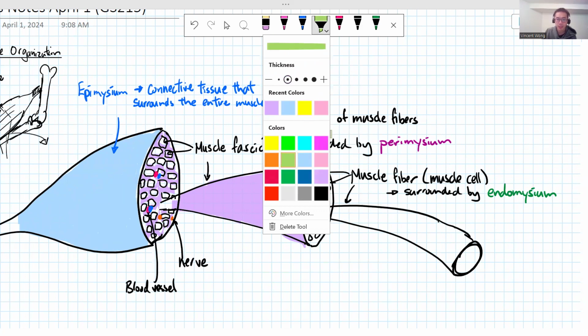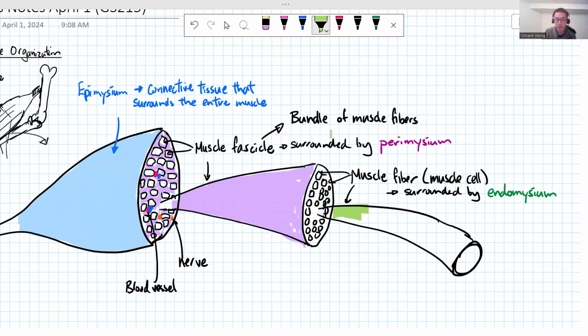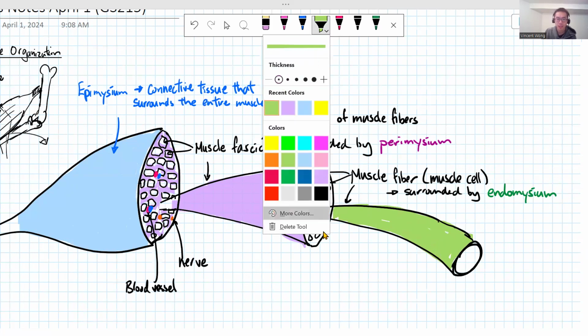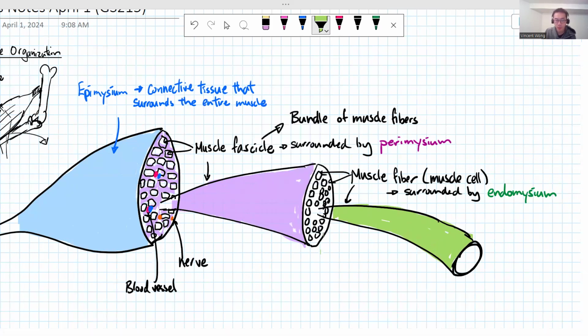So here we go, we're going to color this endomysium. And of course, so is each one of these. That's going to be the endomysium surrounding them, surrounding them, surrounding them. Like that.